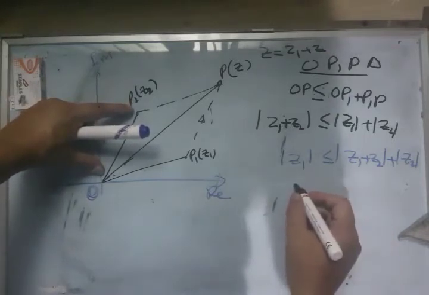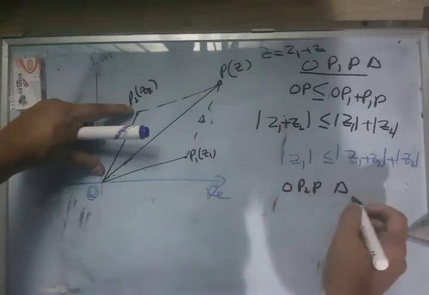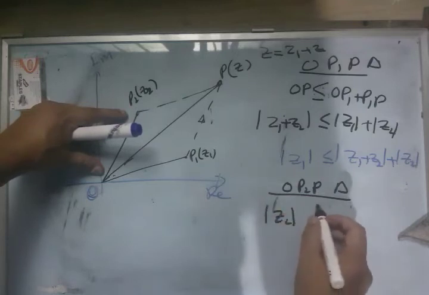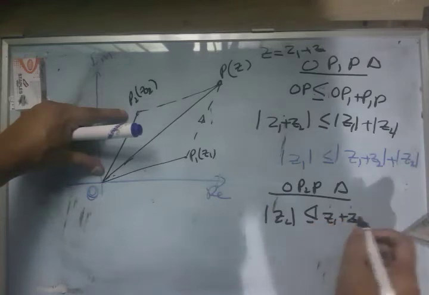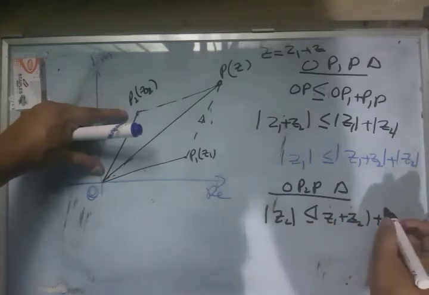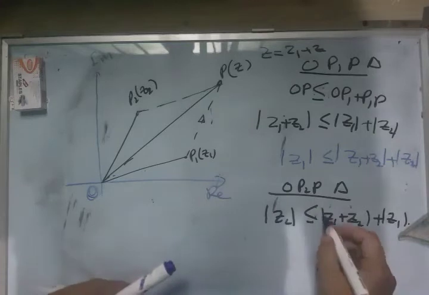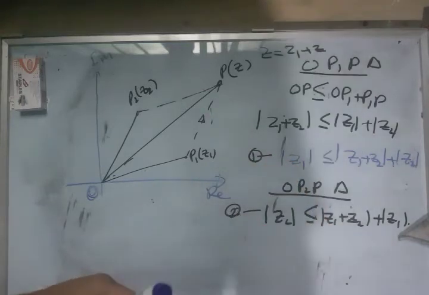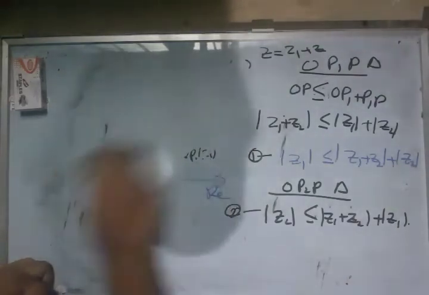Let's take the OP2P triangle. The modulus of z2 is less than the modulus of z1 plus z2, plus the modulus of z1, right? So we can come up with these two relationships. This is 1 and this is 2. I'm just going to erase this for the moment because we got what we need.